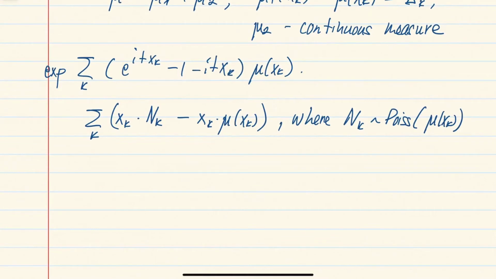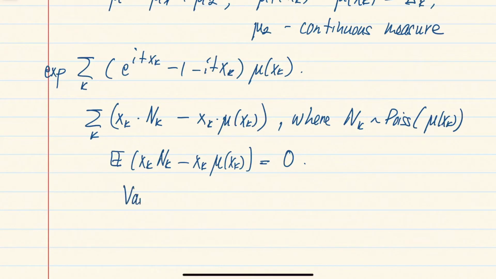And first of all, for each term, notice that it's exactly centered. So the expectation of xk nk minus xk mu of xk is 0. And in order to apply Kolmogorov's theorem to show that this series converges almost surely, we want to see that the sum of variances is also finite. And if you look at the variance of the above term, that will be exactly xk squared times the variance of the Poisson, which is mu of xk.